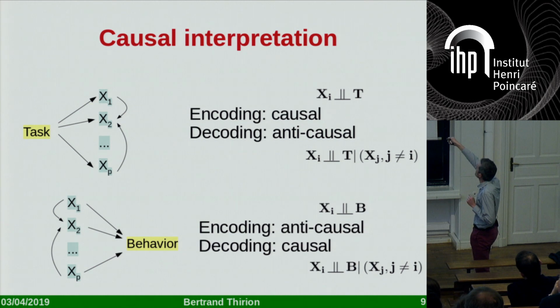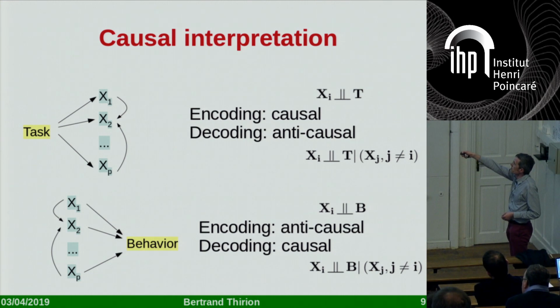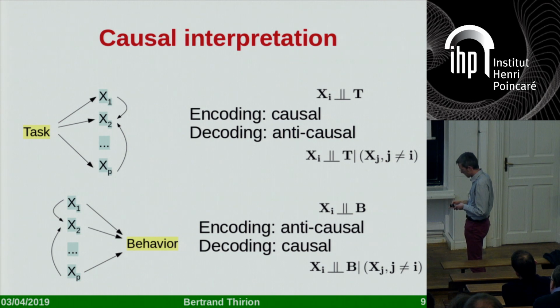So now you are studying the conditional association between xi and the task given the activity in all other voxels. Same thing if you analyze behavior. Now the direction of causality has changed, but the inference problem is essentially the same. You might want to study the encoding problem, how behavior is associated marginally with each variable, or whether it's associated conditionally on all other variables of the problem.